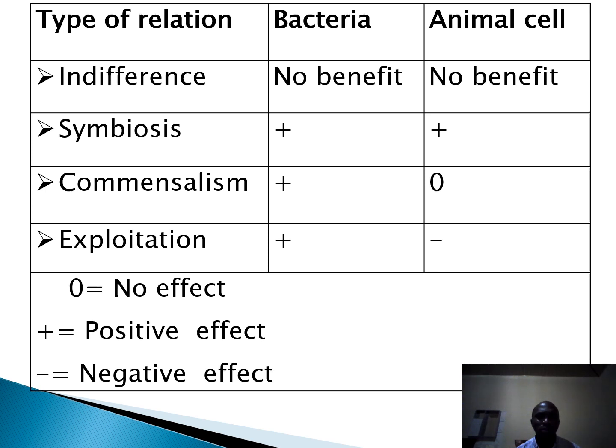Commensalism: positive effect on the bacteria, then no effect on the animal cell. Exploitation: positive effect on the bacteria or parasite, then negative effect on the animal cell. The zero means no effect, plus means positive effect, and minus means negative effect.